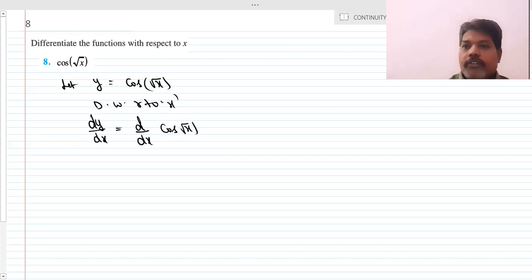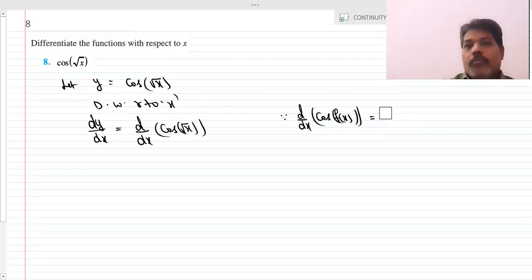Already you know the formula, students: the derivative of cos of f of x is nothing but minus sin f of x into f dash of x.